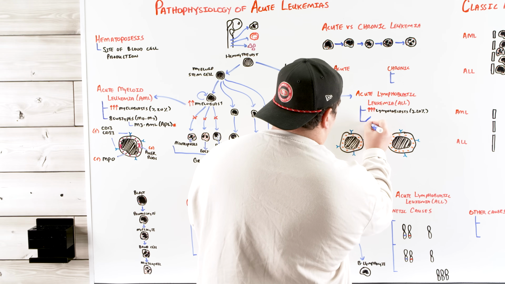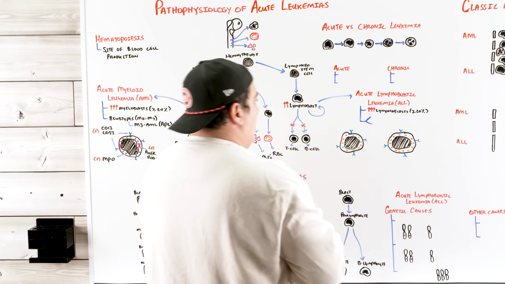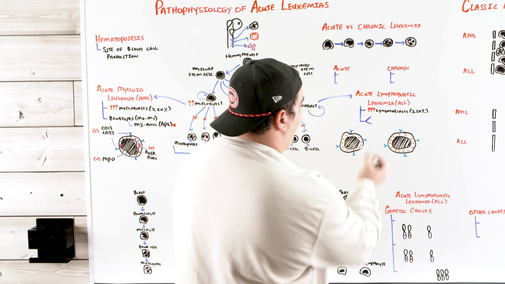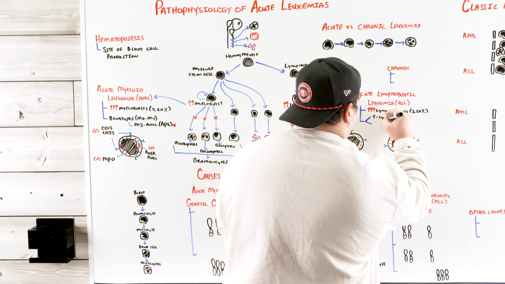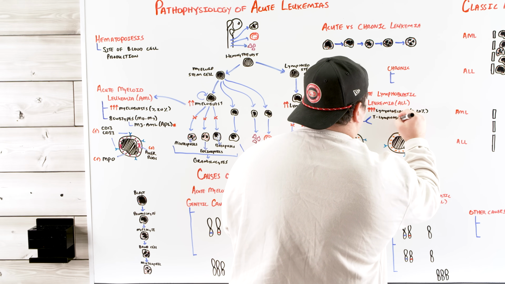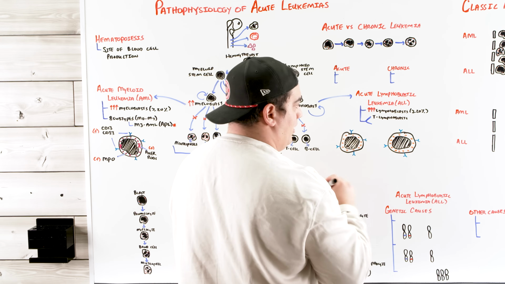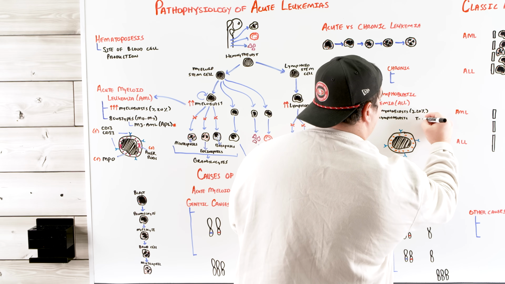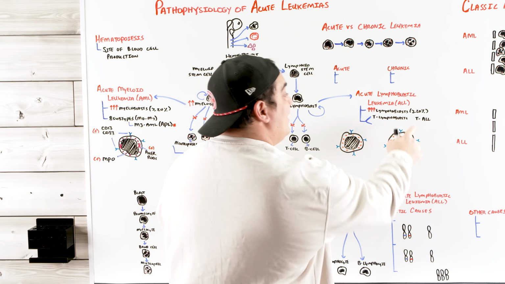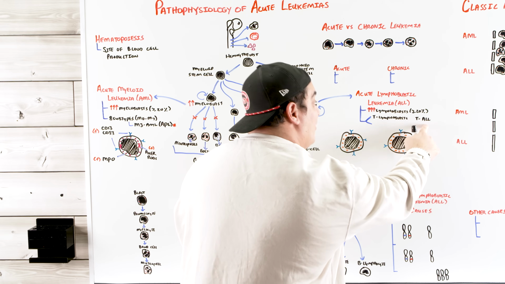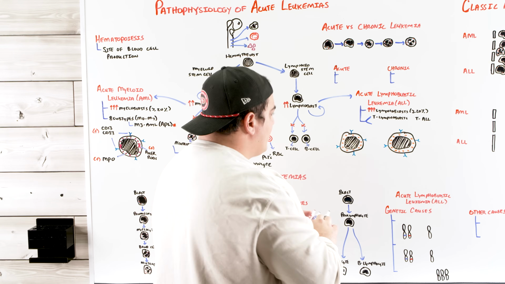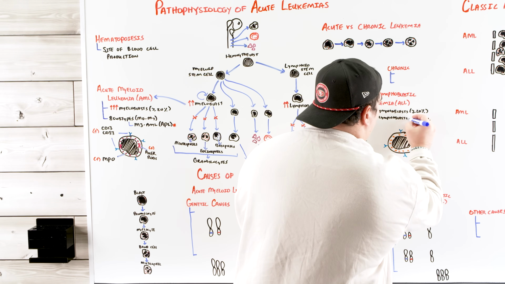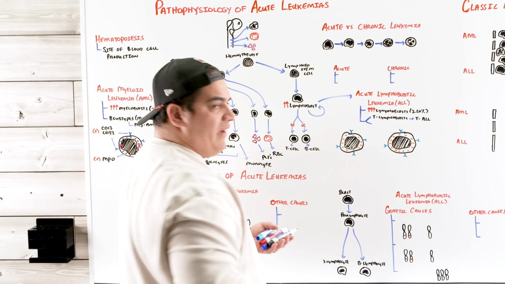If I have lots of T lymphoblasts, and I have too many of them, that can make what's called T-cell ALL, T-cell predominant acute lymphoblastic leukemia. All right, way less common. Only accounts for maybe 20% of ALL.